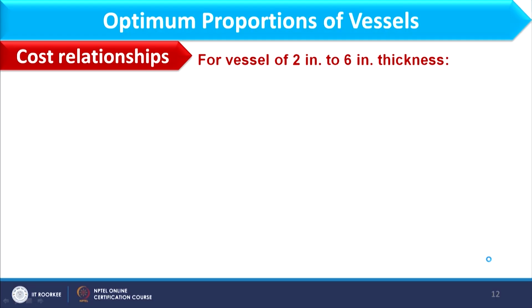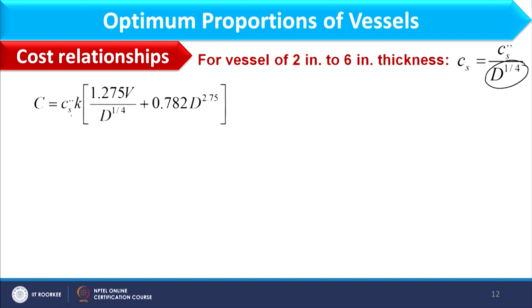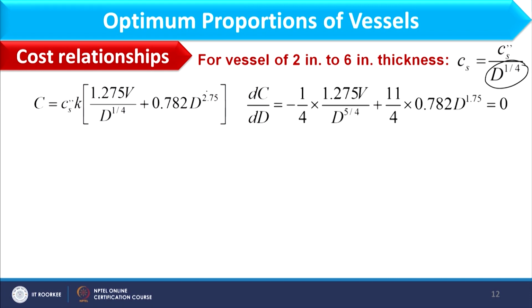And now we can derive the expression for the optimum L by D ratio for thickness varying from 2 inches to 6 inches, and in that case Cs will be inversely proportional to D to the power 1 by 4. So, in that case C would be equal to Cs double dash K, and then we have the whole expression. Further differentiating it we can obtain this expression, and then we have to equate this expression to 0 to get the optimum value.